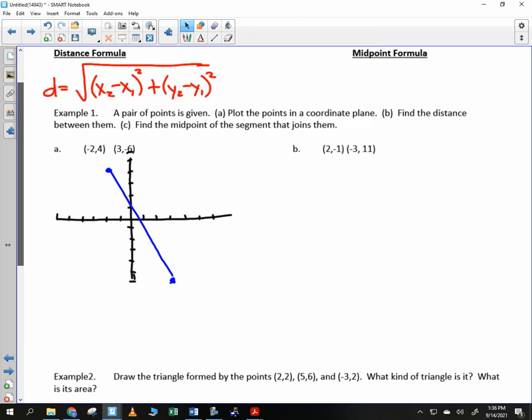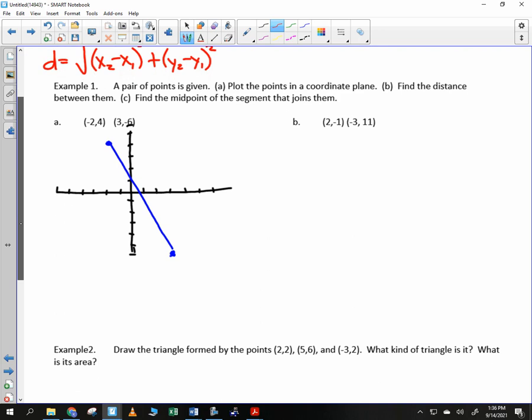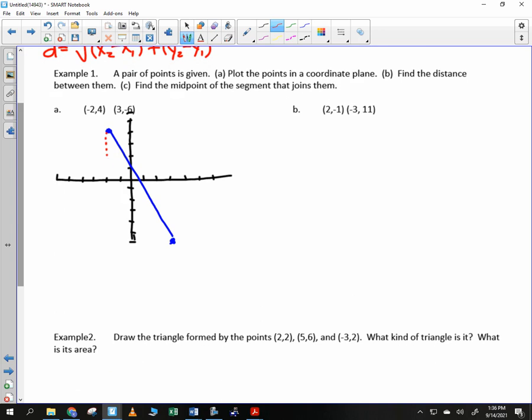And instead of using the distance formula, I would like to show you where the distance formula comes from by making a nice little shape here. It turns out that the distance formula comes from your ability to find the hypotenuse of a right triangle. Anybody know what theorem we use?